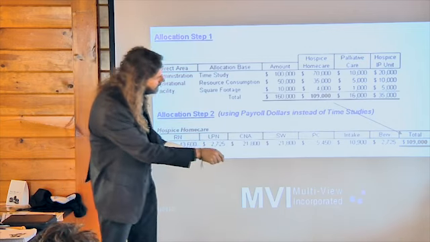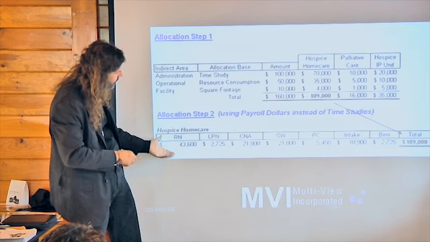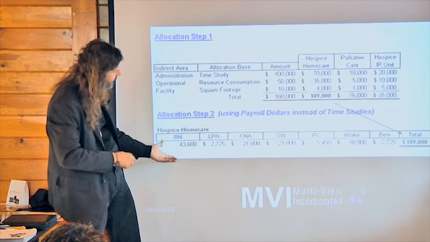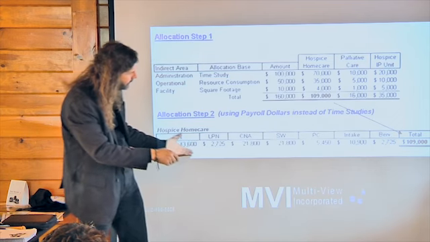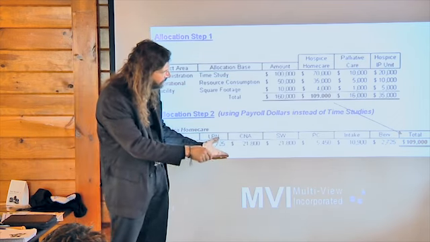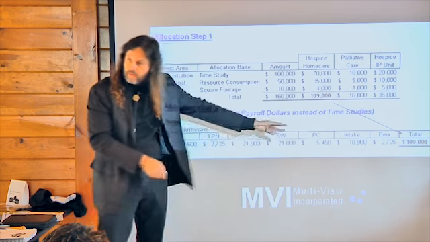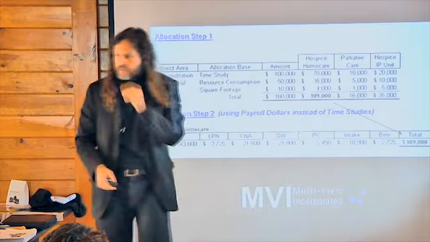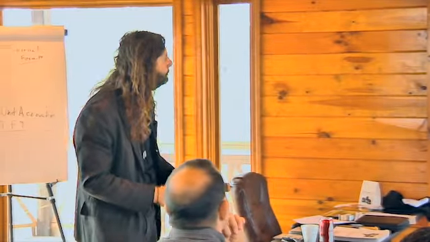Based on salaries, we allocate $43,000 to the RNs, here's the LPNs, here's the CNA allocation, social work, spiritual care, intake or admissions, bereavement, total. So it's totally distributed. It's a two-phase allocation.